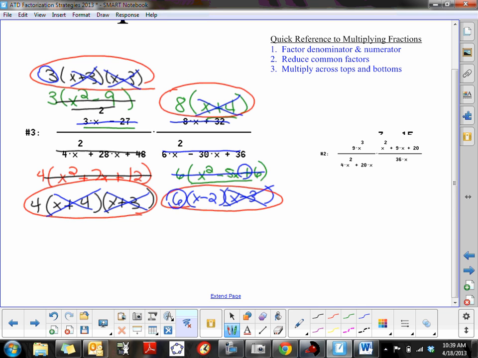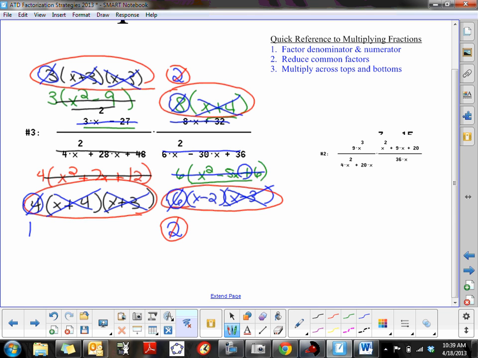What goes into 6 and 3? 3. That makes this a 2. The 8 and the 4 reduce. The 8 becomes a 2. 4 becomes a 1. Are there any other? The 2 and the 2. This 2 and this 2 reduce.